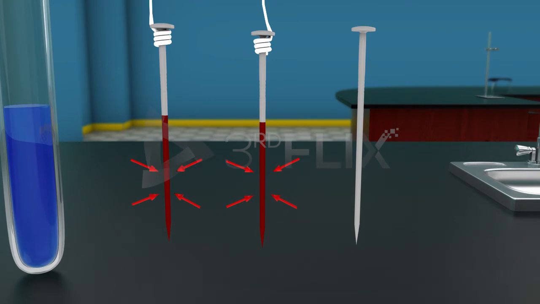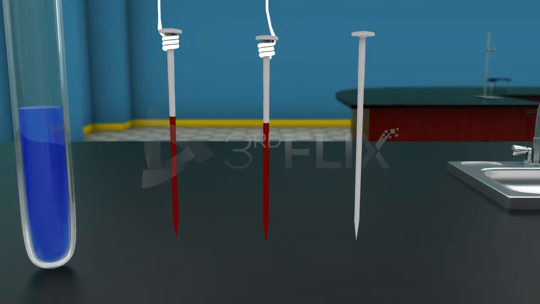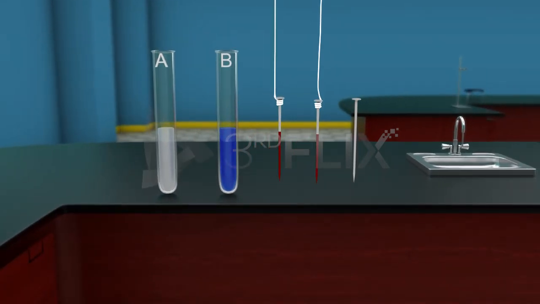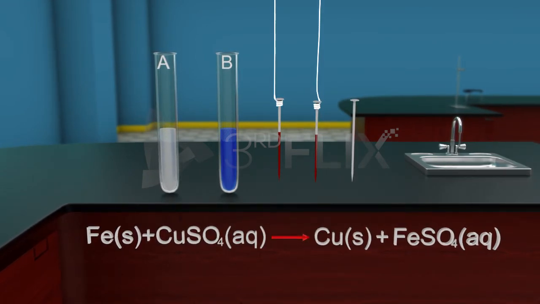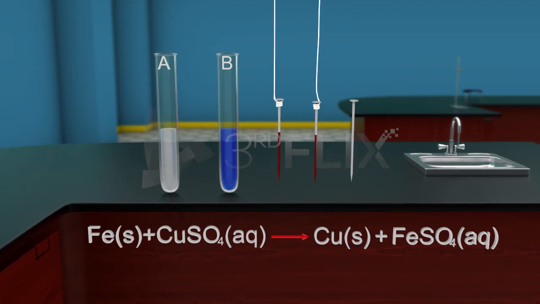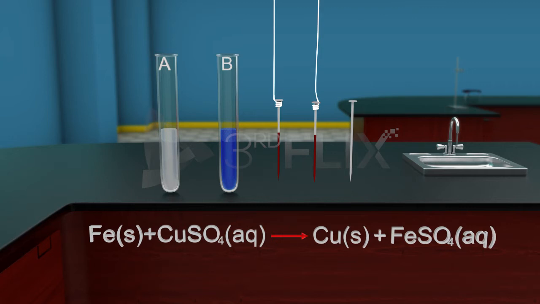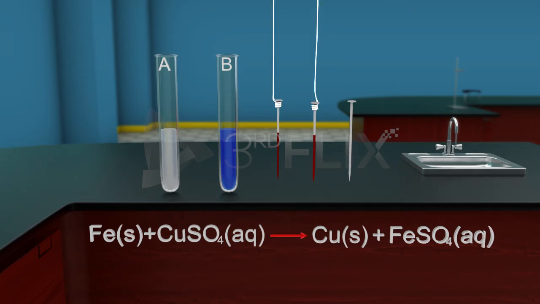The reaction that occurred in test tube A is Fe(s) + CuSO4(aq) gives Cu(s) + FeSO4(aq). In this reaction, iron is more reactive than copper and hence it displaces copper from copper sulfate solution. The displaced copper is deposited on the surface of the nails.